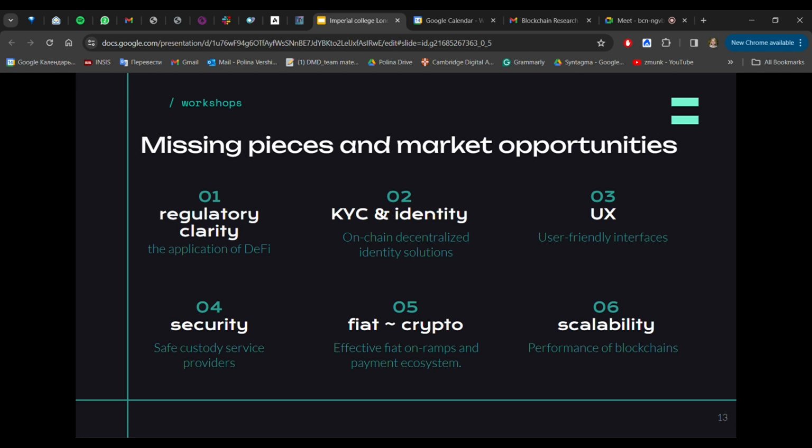And scalability, but that's also a typical problem with all blockchains. How can you make sure that blockchains can handle all the demand for transactions and grow further?